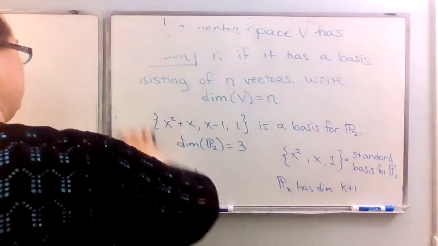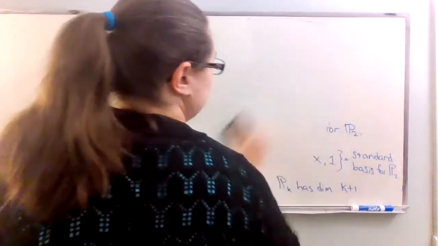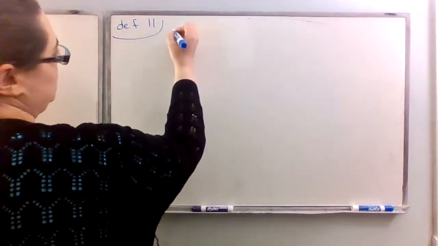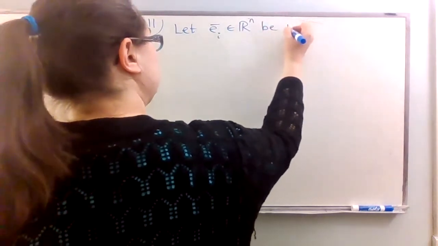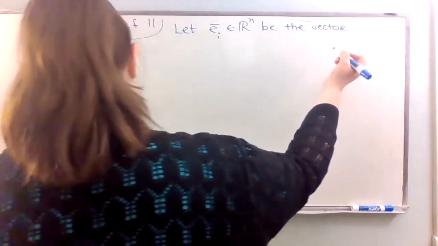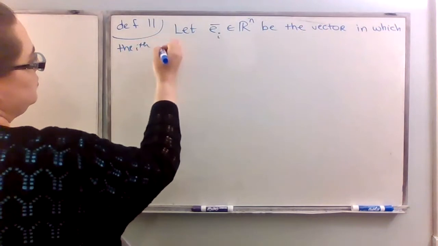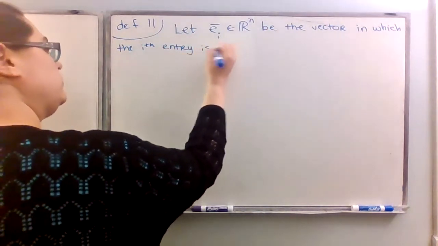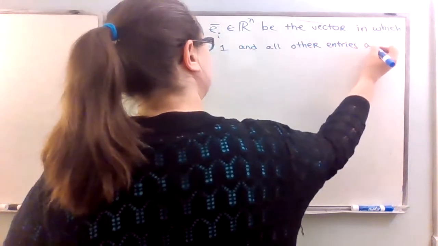So this is going to be definition 11. We're going to let e_i, an element of R^n, be the vector in which the ith entry is 1, and all other entries are 0.